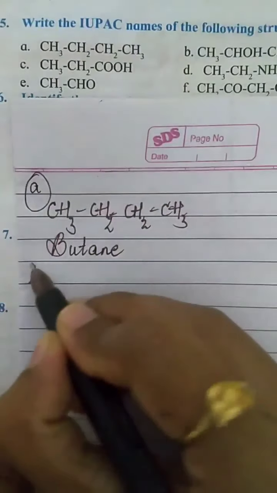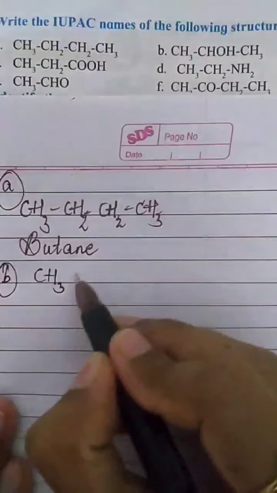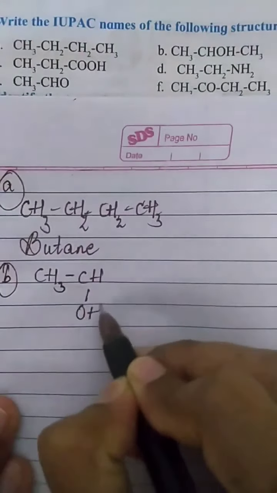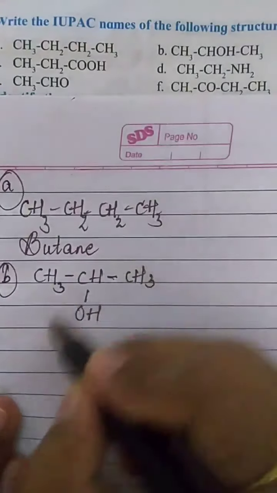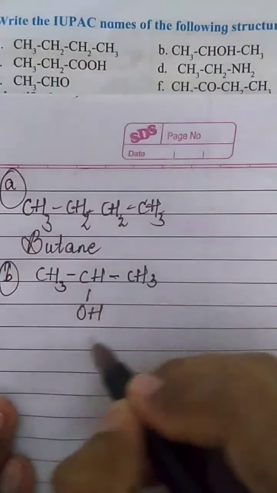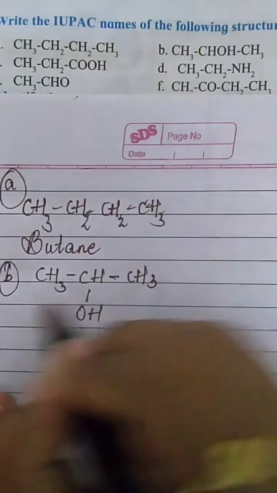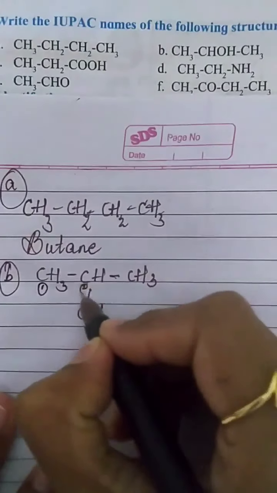Question number B. CH3. Then you have CH and OH. There is an alcohol group attached here and CH3. So alcohol group is the functional group. So this should be given the first preference. This way or that way, first, second carbon is getting the functional group.